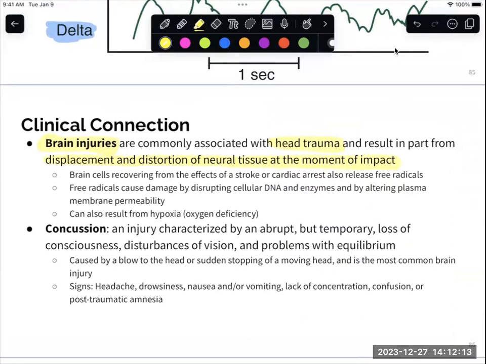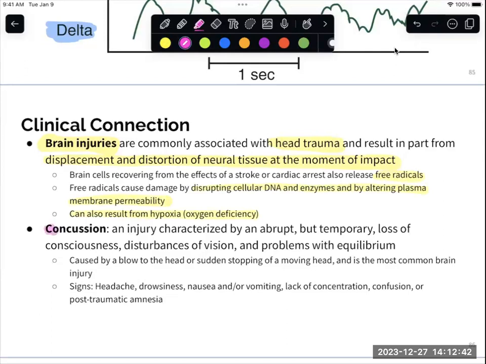Brain cells recovering from strokes or a cardiac arrest tend to release free radicals. These free radicals are damaging because they disrupt cellular DNA and enzymes, and they alter plasma membrane permeability, which can cause hypoxia, that oxygen deficiency.